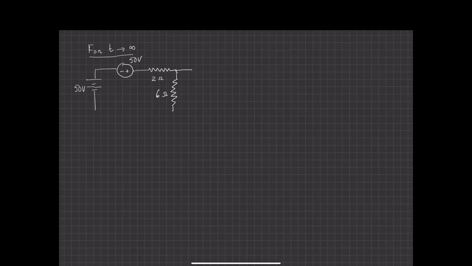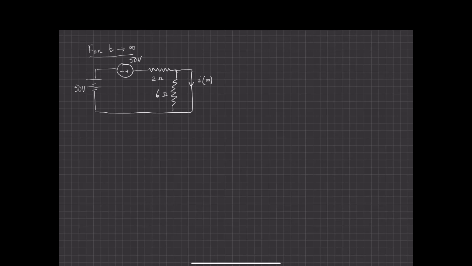But for large t, this is a DC circuit, and therefore, once again, the inductor is a short, and so this current, which is what I want, this current at infinity. But that's very trivial.